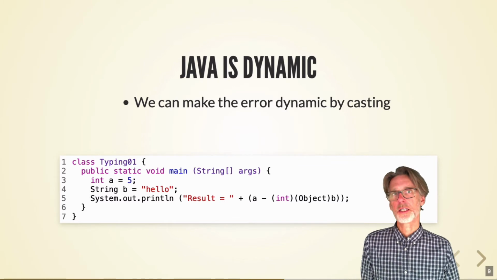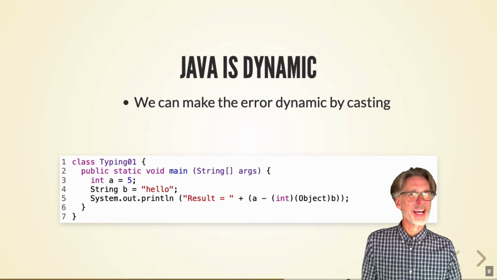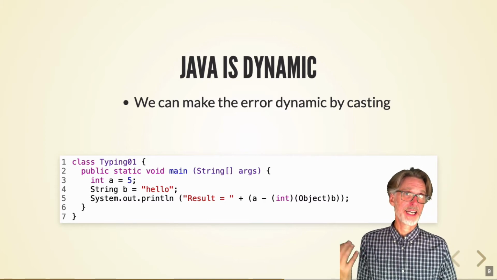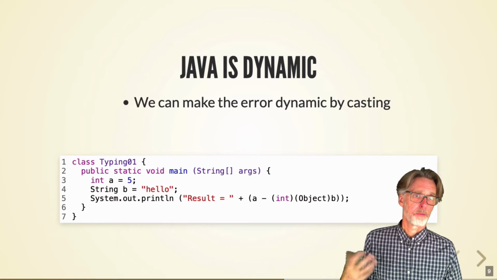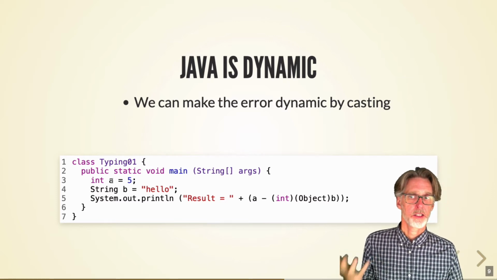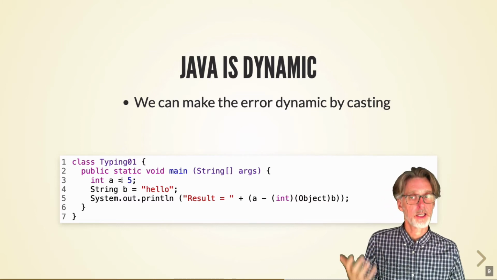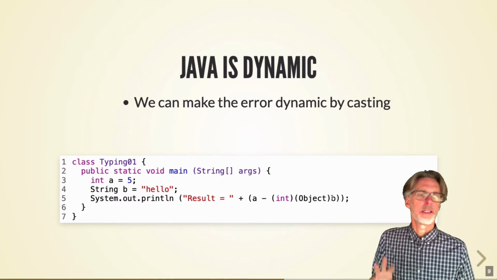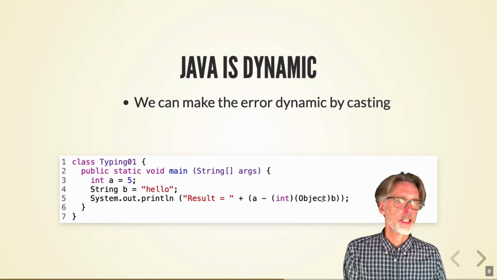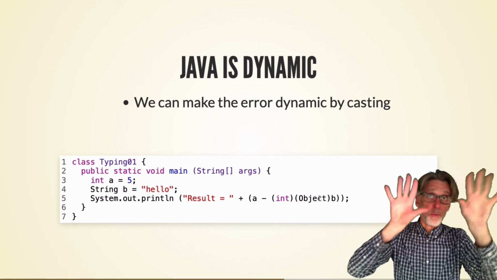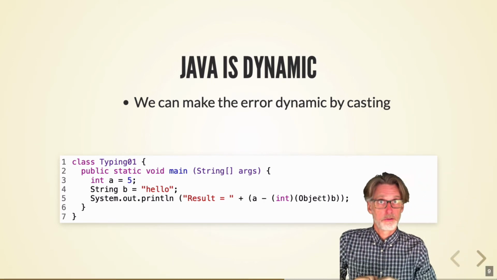But we can also say that Java is a dynamic language, because any error we have in Java at compile time can be converted to a dynamic error by doing some casting. So here I'm trying to compute the difference between an integer and a string. So what I can do is say, well, take this string and treat it like an object. That's anything. And then take that object and treat it like an integer.